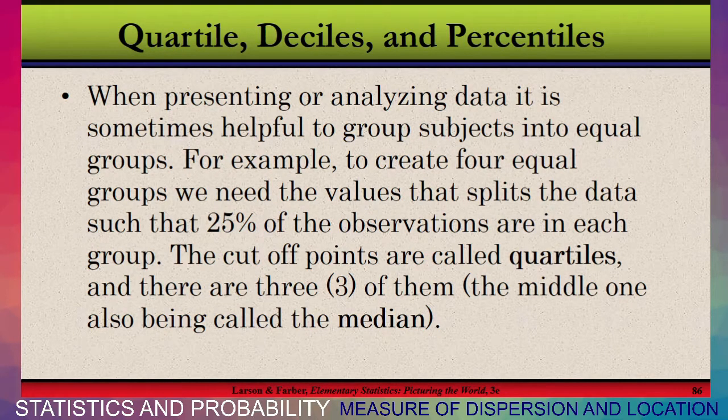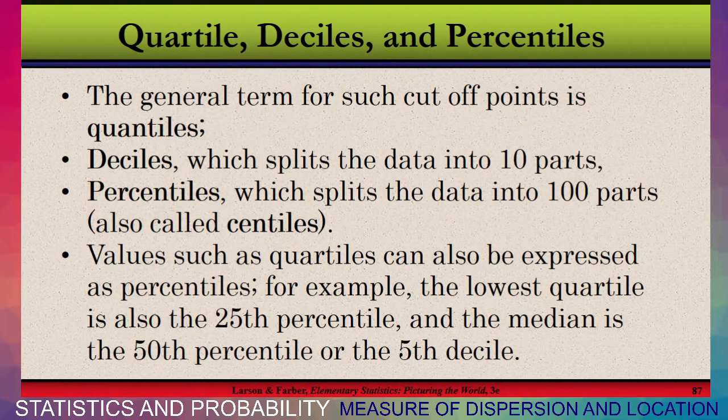So, next. The general term for such cut-off points is quantiles. Kung i-generalize natin si quartile, deciles, and percentiles, yung mga cut-off points na tinatawag dito sa quartile, decile, and percentile, ang tawag doon ay quantiles. Okay? Nakalagay dito, deciles which split the data into 10 parts.